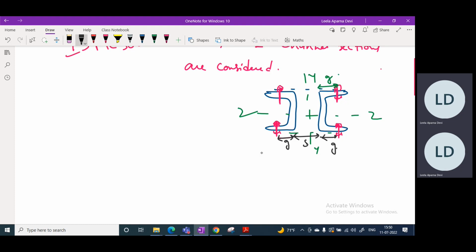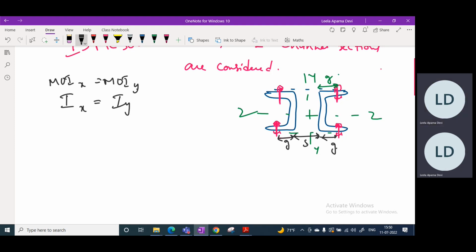So now we have to design this column, decide the column, right? So for that, we need to equate the Ix and Iy of this entire section. Okay, so moment of inertia will be equal in both x and y directions.